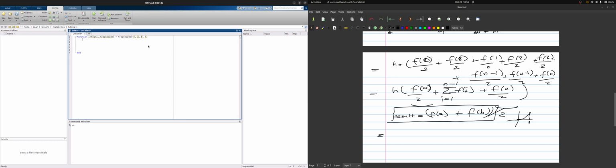So now we need to first start by telling what the result is. Result is actually f_a plus f_b over 2. So what do we mean by that?